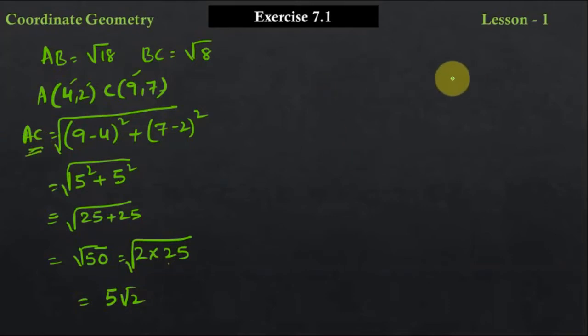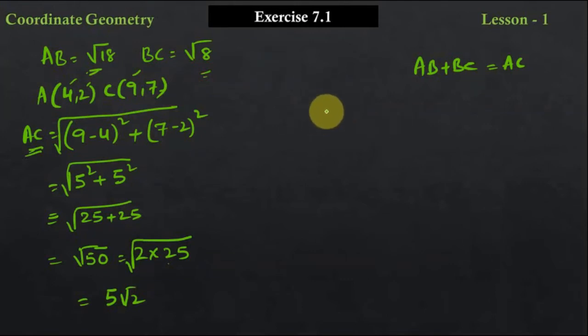Right. So what I said, AB plus BC is equal to AC. Right. Then we said that these 3 points are collinear. See, AC value I got 5 root 2. But what about AB and BC values? So AB here I wrote, see, root 18 I got and BC I got root 8.